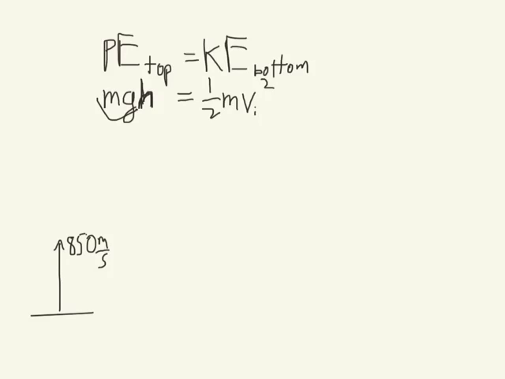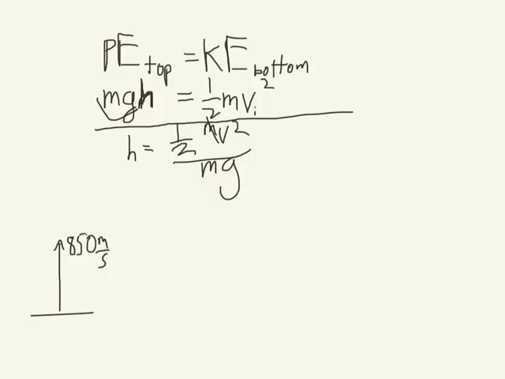And then we just solve for h by dividing both sides by mg. And we can see the m's cancel. It doesn't matter how massive our bullet was. And we can put in 850 for v here and square it, and then 9.8 for the acceleration of gravity, and find the height. But this is really a sloppy, kind of shortcutty way to approach this problem.